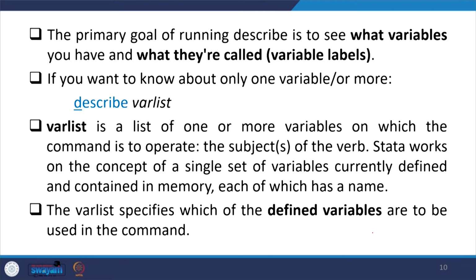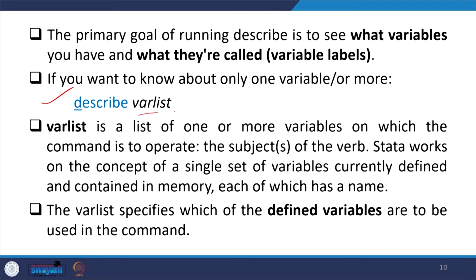Stata works on the concept of a single set of variables currently defined and contained in memory, each of which has a name. The variable list specifies which of the defined variables are to be used in the command. This is what we have explained.